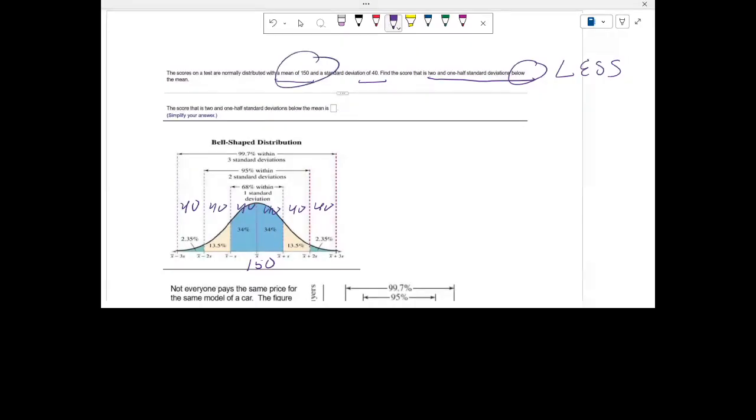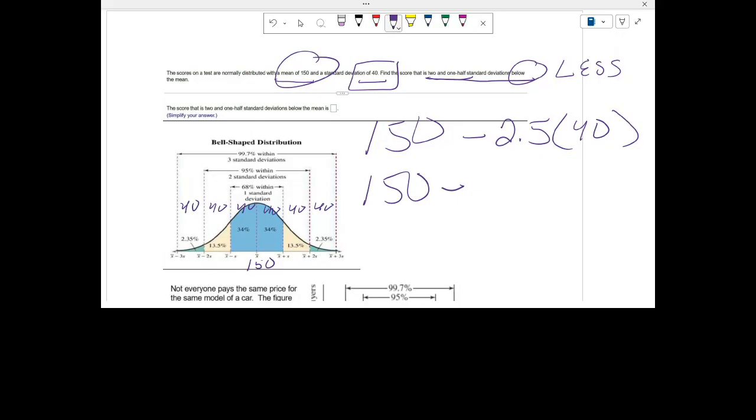Y'all, below means it's going to be less. So the first thing I'm going to do, I'm going to take my test score, 150. Instead of us adding, we're going to subtract 2.5. That's the number we just used right now. 2.5 times my standard deviation of 40. Okay. So y'all, look, let's do this. 150 minus, let's see, 2.5 times 40.